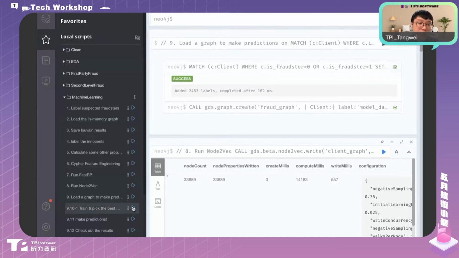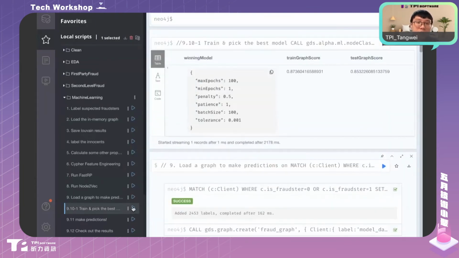Okay, so in the next part, we will train and pick the best model for our machine learning. Here we can see the winning model, and here are some parameters in this model, like the max epochs, the penalty, the batch size, and the tolerance. In our training graph, the accuracy score is 0.87, and in our test graph, the accuracy score is 0.85.